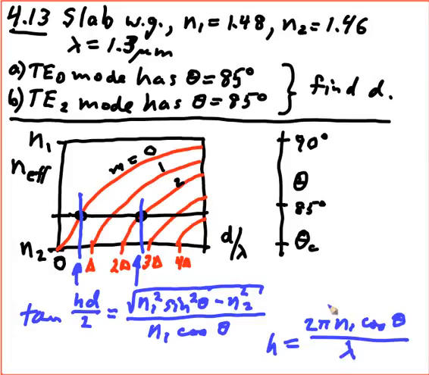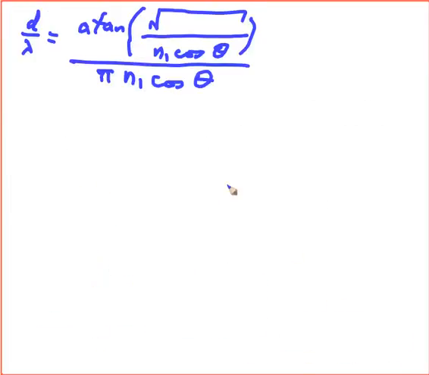Hope you can read that. Okay, so plugging all this in and solving for d over lambda gives us this equation, where the square root is that same big square root. Sorry, it doesn't look so great here.